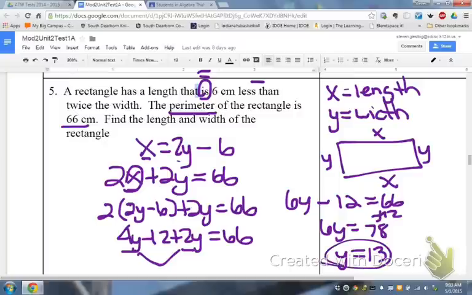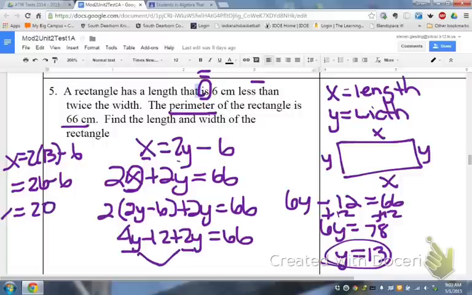We discover that y equals 13. Again, we have to know the x though, so we put 2 times 13 minus 6. 2 times 13 is 26, and x equals 20. And our ordered pair answer, (20, 13). And that's how we do substitution.